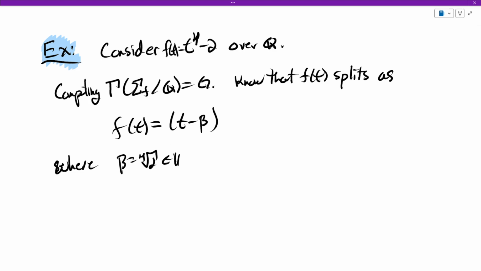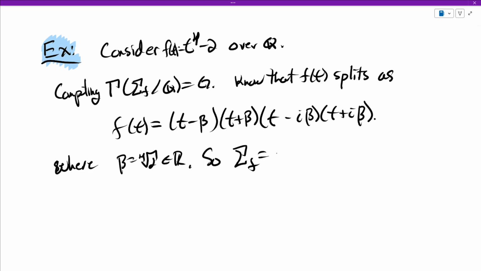Well, it's the real fourth root of 2, the negative real fourth root of 2, and then the ones that we're missing are plus or minus i. So t minus i beta and t plus i beta. Okay. So to get access to the roots, all we need is access to the real fourth root of 2 and the imaginary number i.